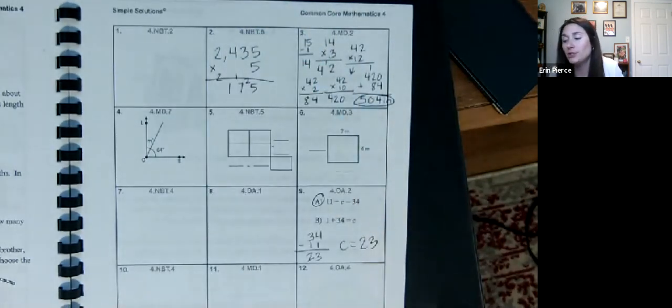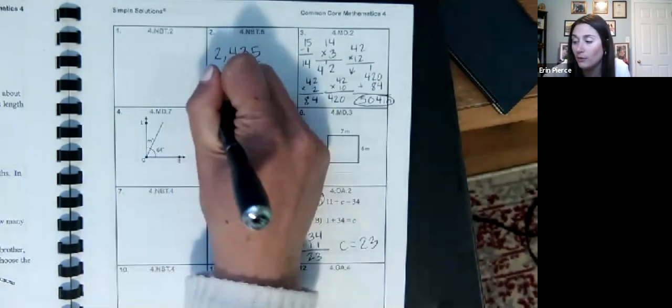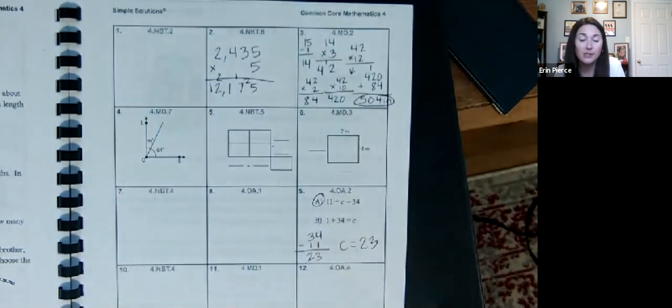And 5 times 2 is 10, plus 2 more is 12. 12,175 should have been your answer, no matter which way you solved number 2.